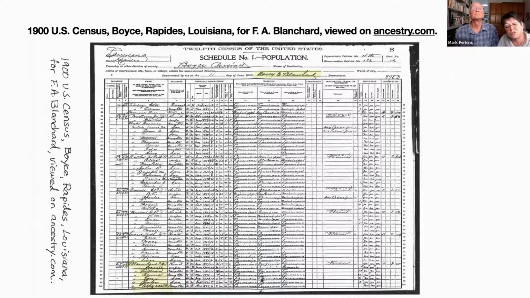The information to the right gives you an insight into who they were, what they did, that kind of thing. You can look over the rest of that information, but I'm not going to talk much about that today. At the top you'll see that the census taker, the person who transcribed the information, was Corey Blanchard, and that was actually an uncle of my grandmother's.